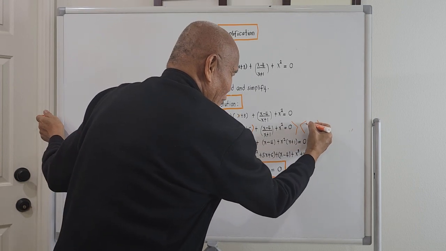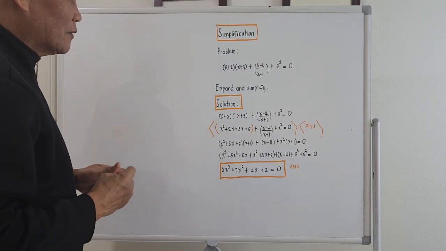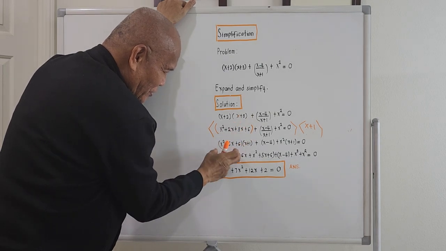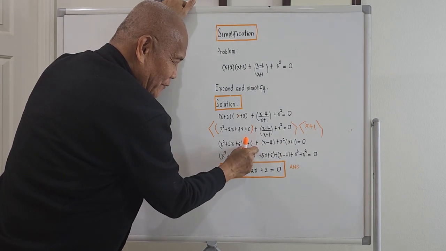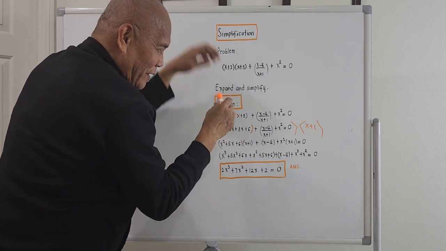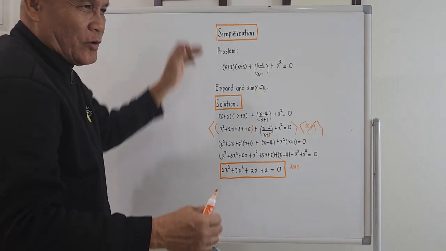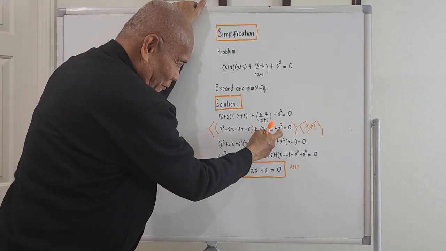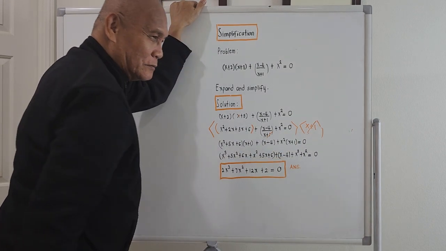We will multiply all the terms by x plus 1. So the resulting expansion is x squared plus 5x plus 6 times x plus 1. The second term will be x minus 4 over x plus 1; this x plus 1 cancels with this. The last part will be the product of x squared times the quantity x plus 1.